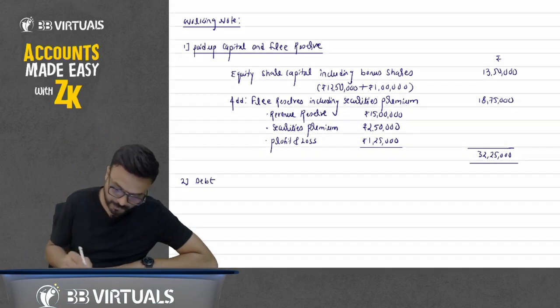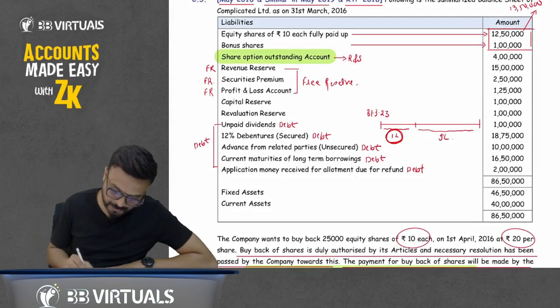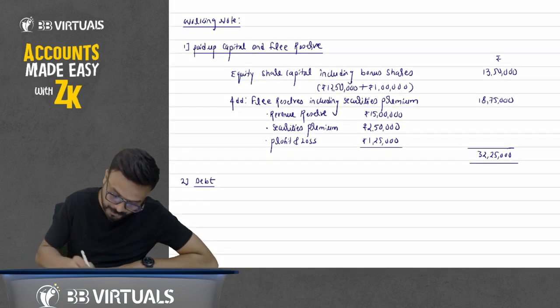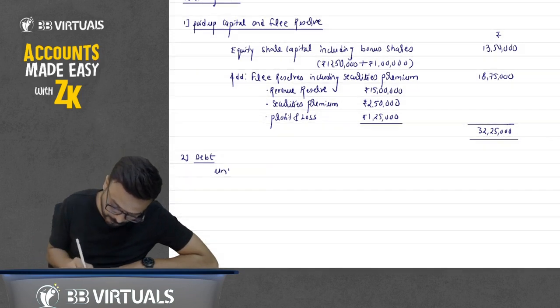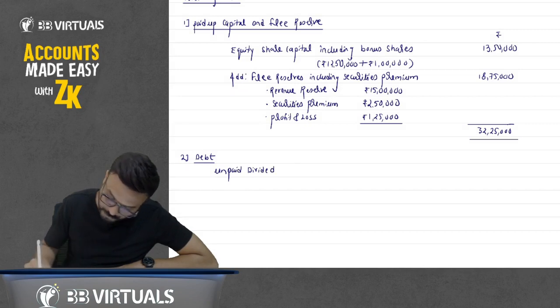Debt. Okay. So first debt, these are the debt, 4-5 items. Unpaid dividend. How much? 1 lakh. Unpaid dividend 1 lakh.